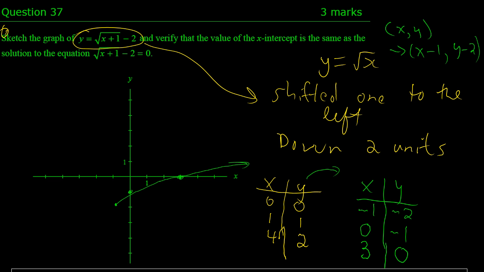All right. So the next thing that we would want to do is answer the other part of the question. So this is y equals the square root of x plus 1 minus 2. So verify.